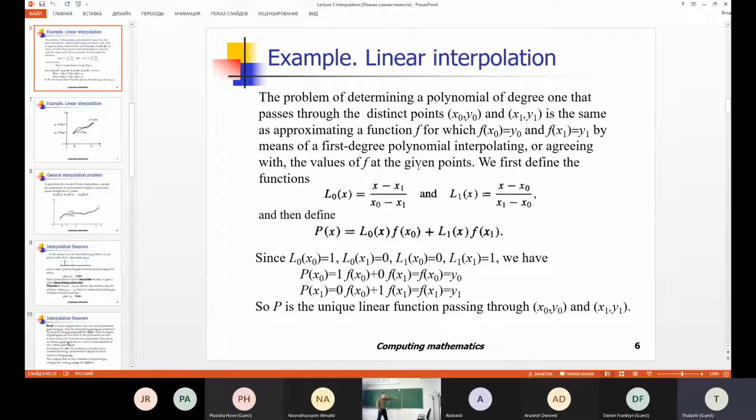If you substitute x equals 0, this formula gives us 1. If you substitute here 2, this formula gives us 3. So our answer is correct. It's very, very simple to check your answer. Just substitute these points. Okay?